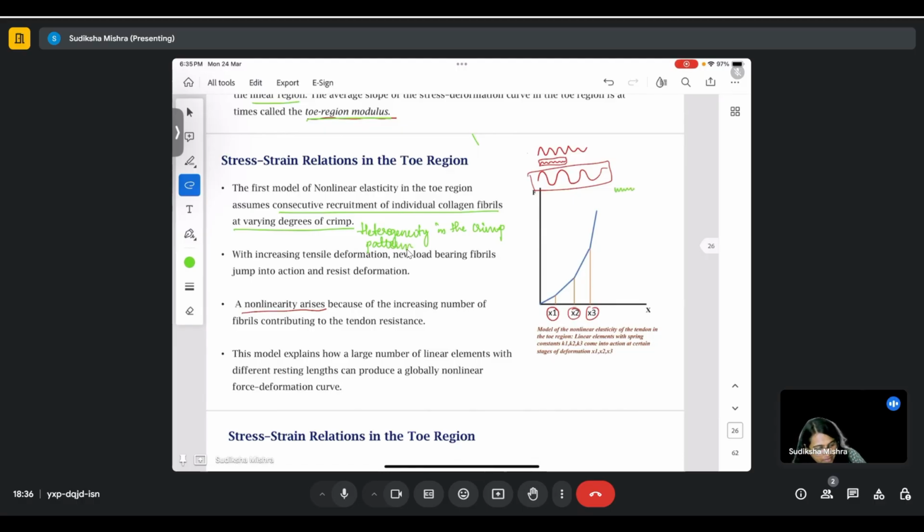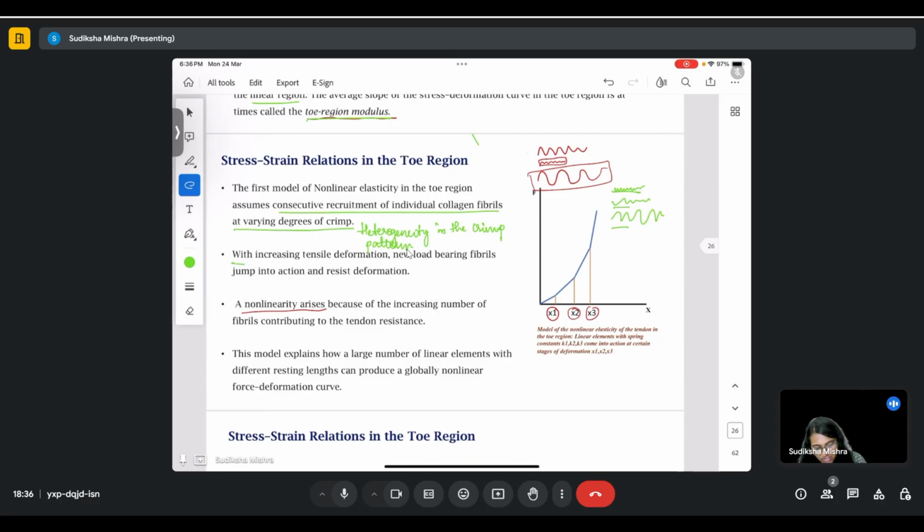Some of the fibers might have a crimp like this, some of them might have a crimp like this, whereas some of them might have a larger crimp. And since there are fibers in different conditions, there is differential recruitment of the collagen fibers. This one might straighten out faster than this one, which might straighten out faster than this one, or the other way around.